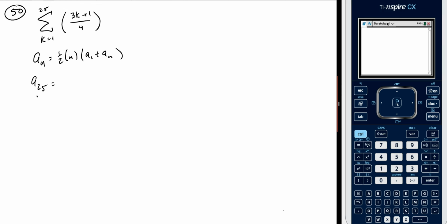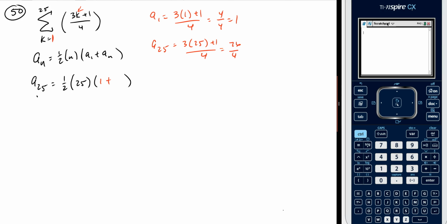So S25 is equal to 1/2 times 25 times a1. a1 is just going to be plugging our first value, this 1, into k. So we got 3 times 1 plus 1 over 4. It's going to be 4 over 4, which is 1. And an, in this case, is going to be a25. Plug in the 25.